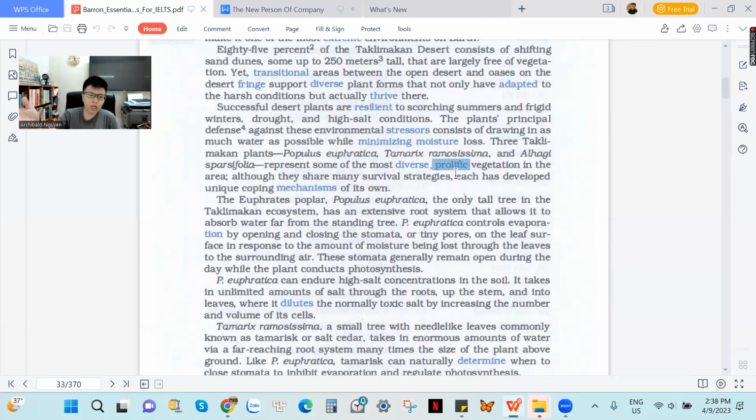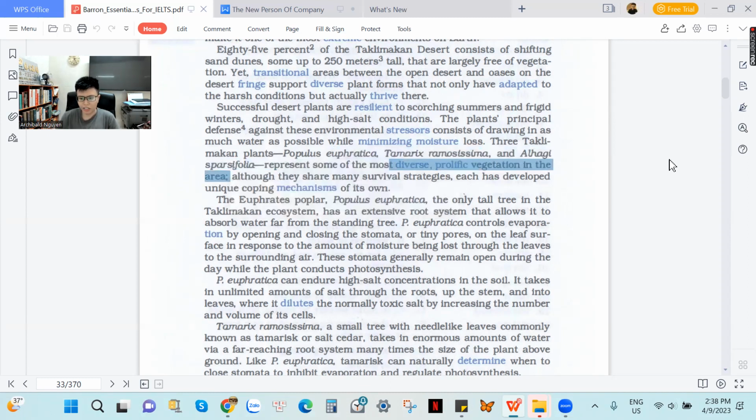You can say, oh, such a prolific student, very prolific, guys. That is the way for you to compliment someone when they do something well and effectively. They say diverse and prolific vegetation in the area.